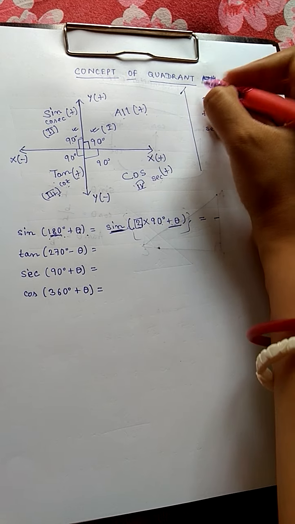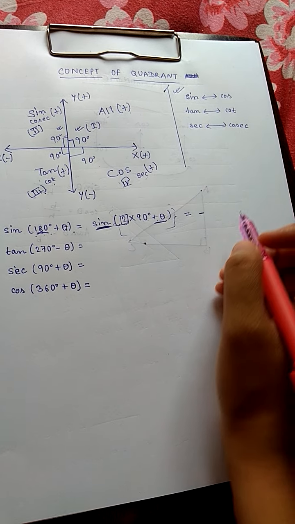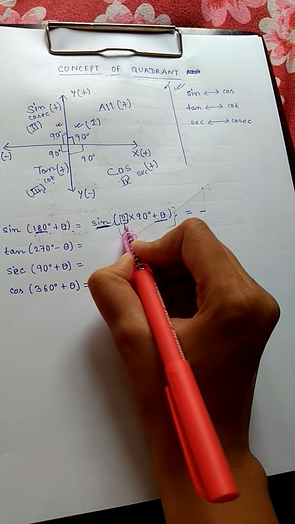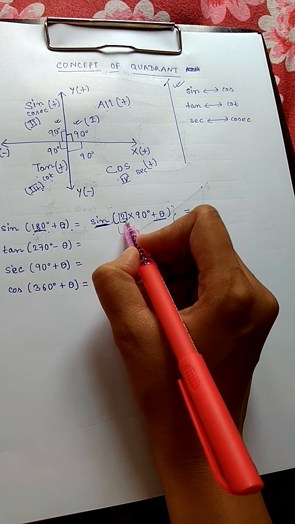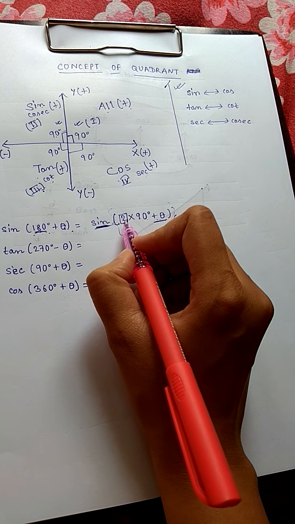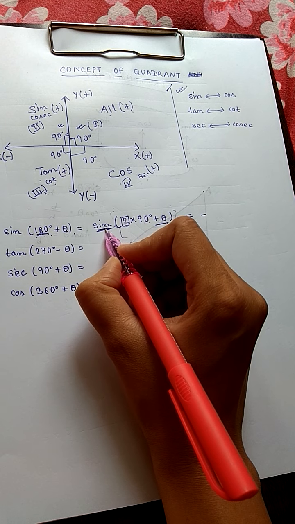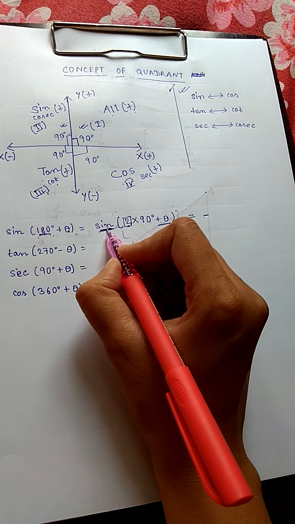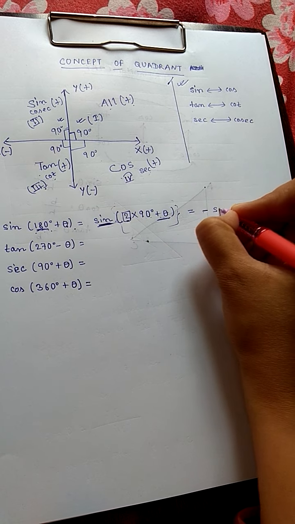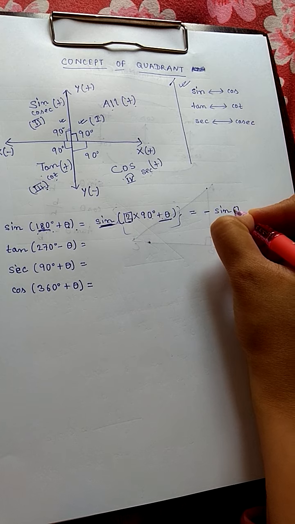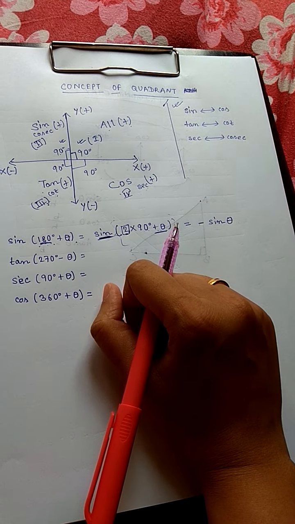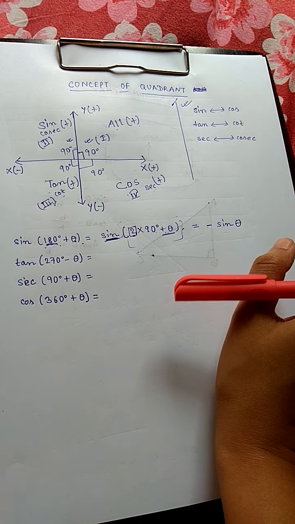We will come to it from this concept. If here it is an even value, then the ratio will not change, that is, it will remain sine only. So it is minus sine theta.